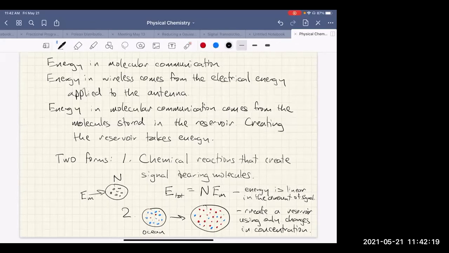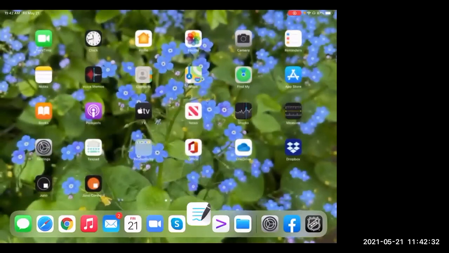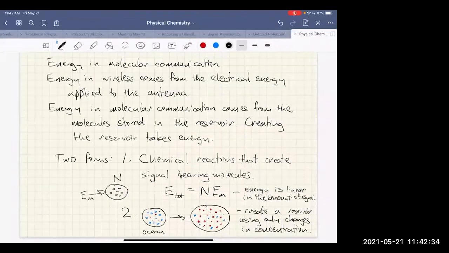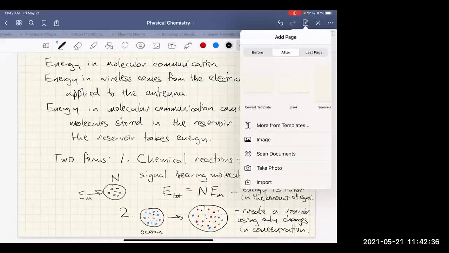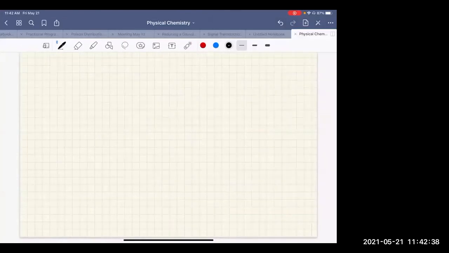Just like a refrigerator requires energy, an air conditioner requires energy. Anytime you decrease the entropy of the local environment, you have to use energy to do it. It turns out that energy is called chemical potential.